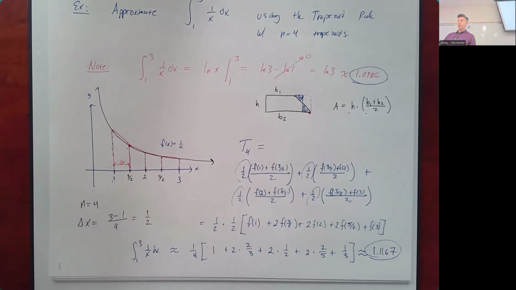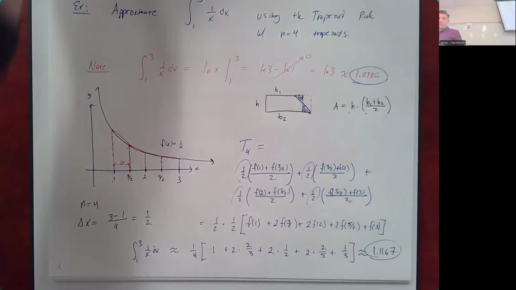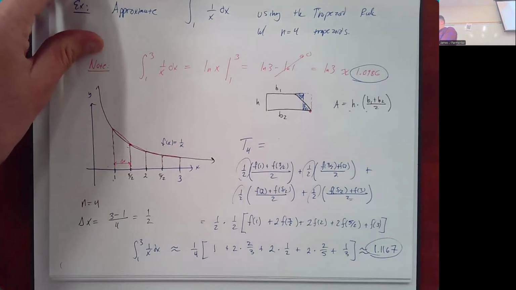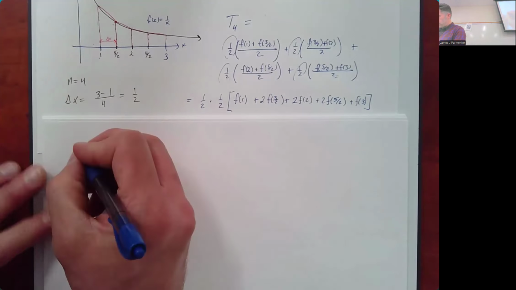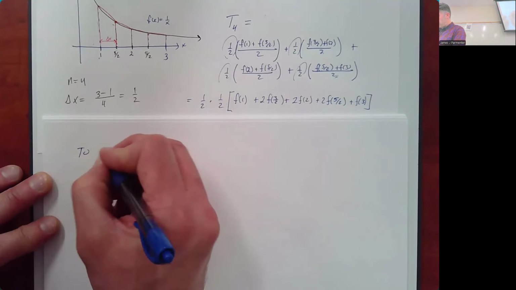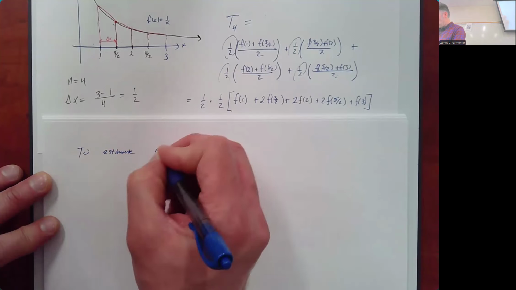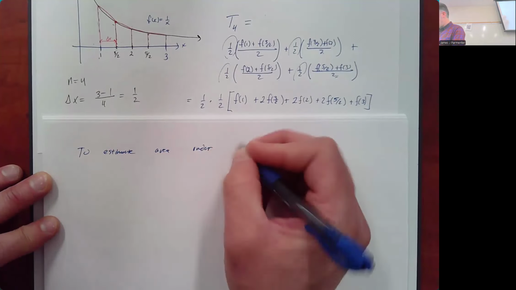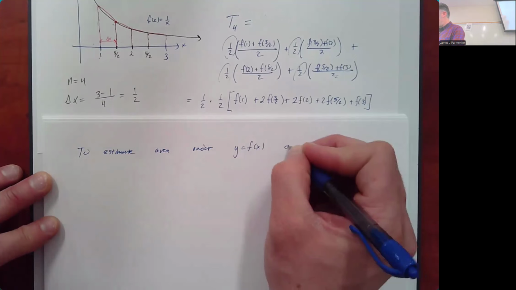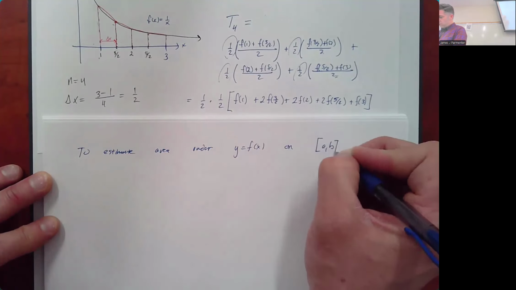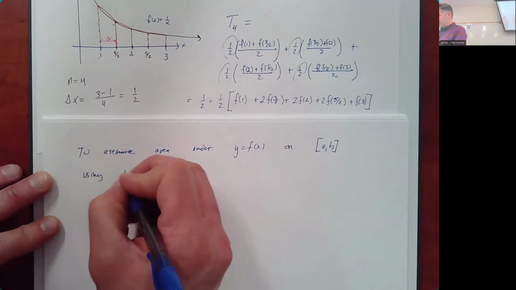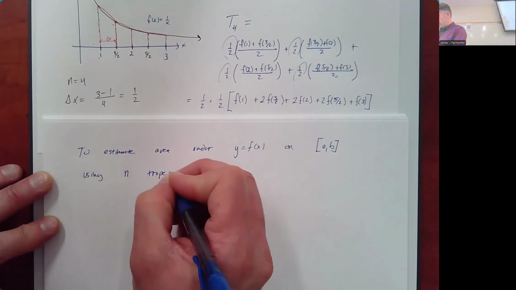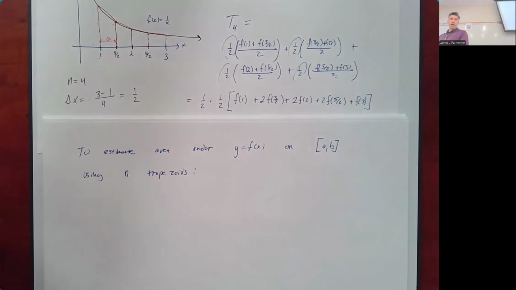So I should point out that the trapezoid rule in general has this pattern. So the trapezoid rule to estimate the area under y equal to f of x on the interval from a to b using n trapezoids works out the following way.